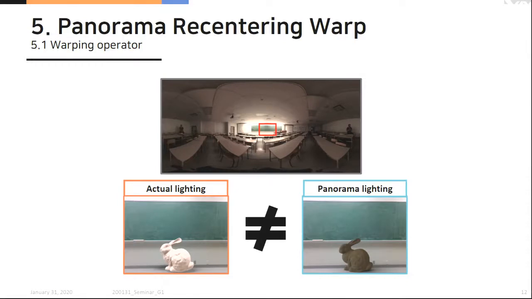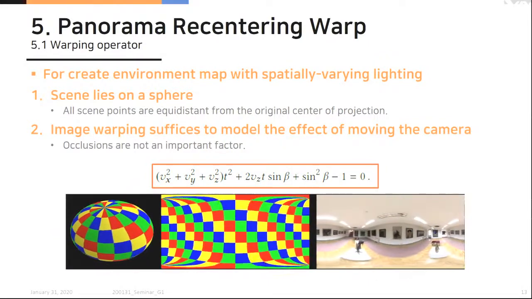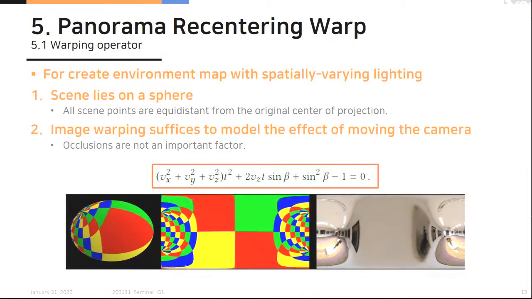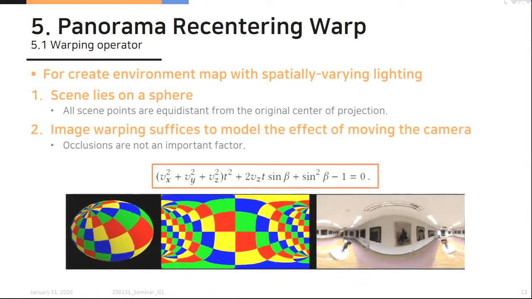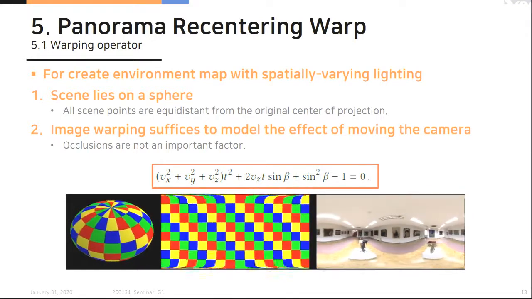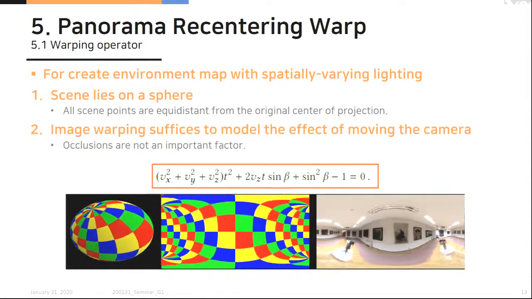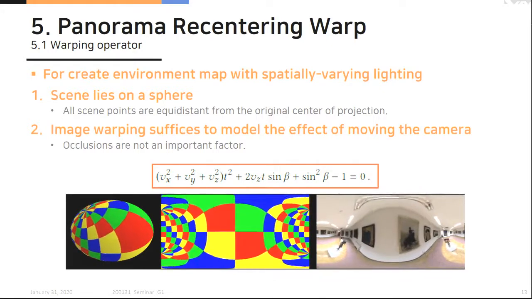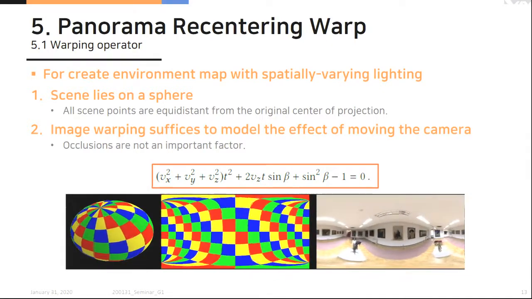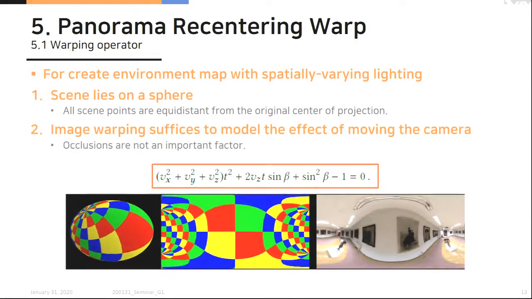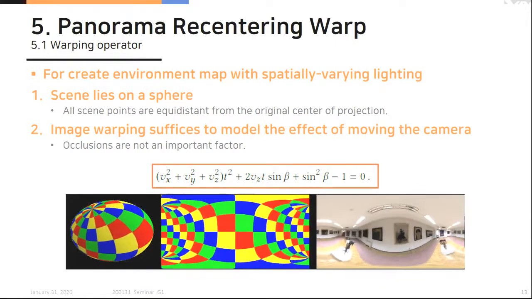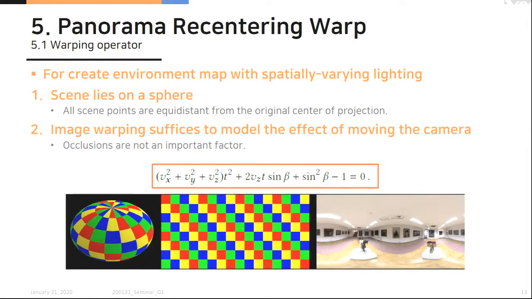However, this is a challenging problem that is made especially harder by the fact that we do not know the scene geometry. And so, they made 2 assumptions to make this task feasible. The first assumption is the panorama scene lies on a sphere, which means all scene points are equidistant from the original center of projection.